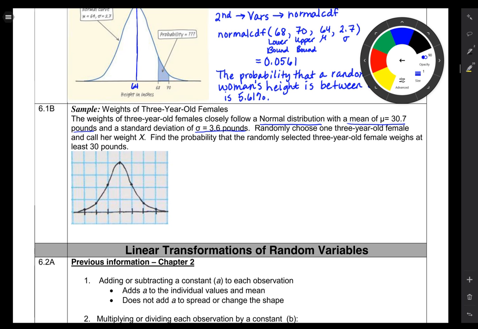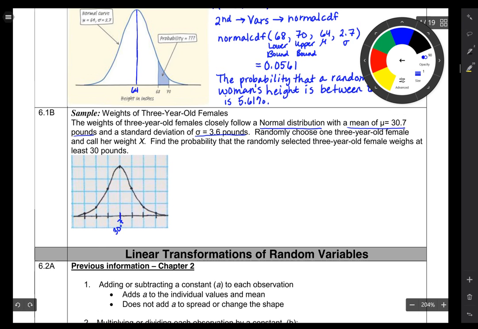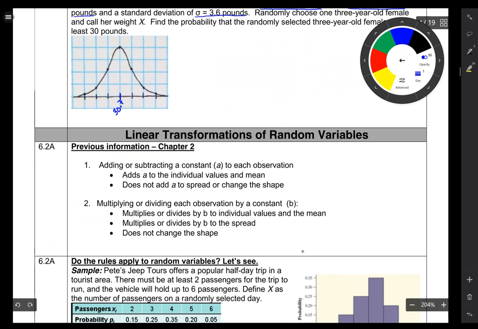Here you have to fill in the numbers for your normal distribution. A lot of times you get points for this, especially if it asks you to draw it, and it also helps you determine if your answer is a valid one. We're going to put in our mean, which is 30.7, and to that we add 3.6 pounds, because that's our standard deviation. So this one is 34.3.